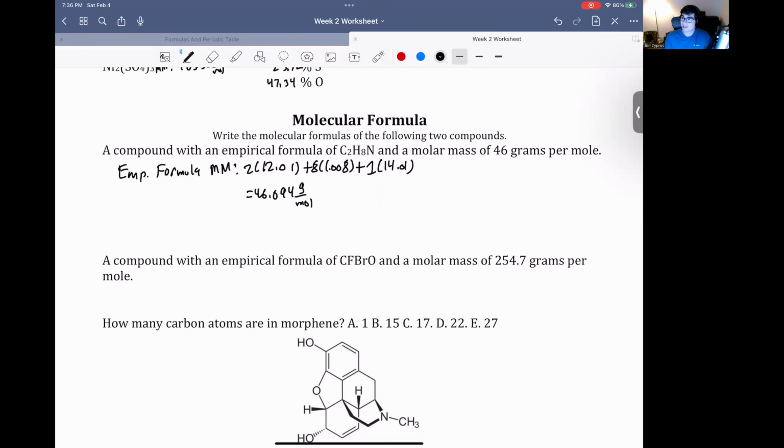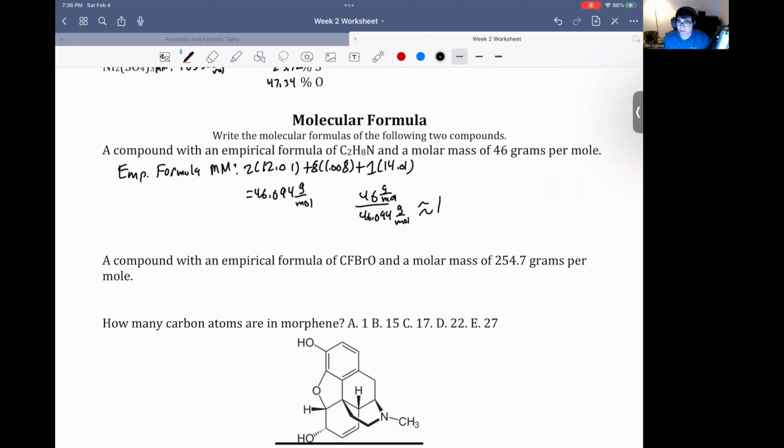Now that is pretty much the same, right, with rounding. So these two are the same. You can go ahead and divide them, 46 over 46.094 if you want to be super thorough, and you're going to get 1, right?